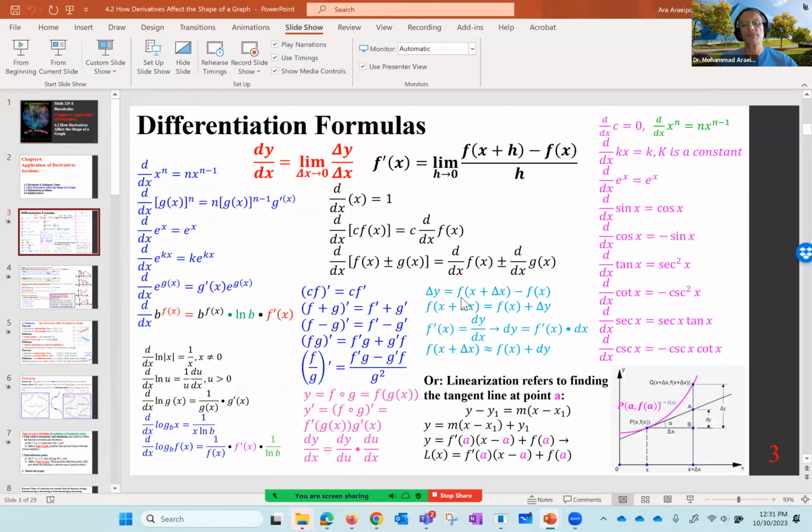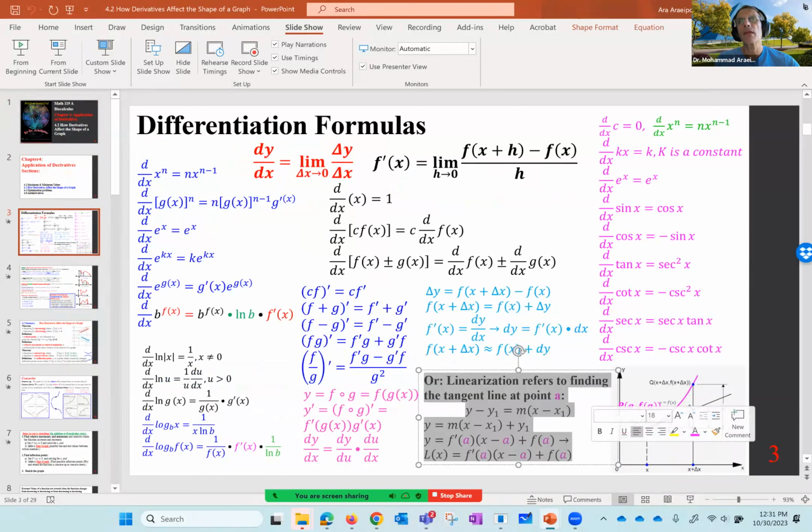Differentiation formulas. Various formulas, delta y versus dy, linearization, which is in essence finding the tangent line.